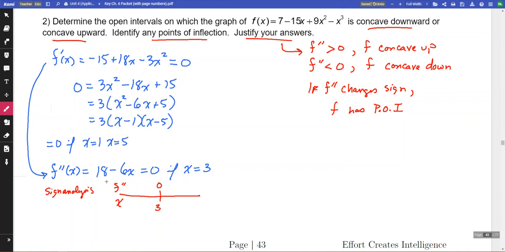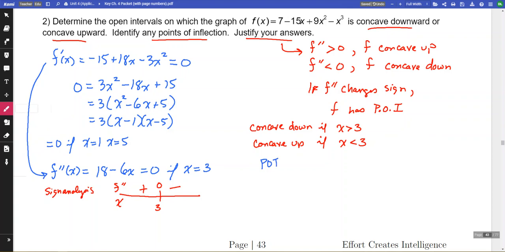If x is 2, that's 18 minus 12, so positive to the left, negative to the right. So we know that we are concave down if x is greater than 3, and we are concave up if x is less than 3. Second derivative positive, concave up. Second derivative negative, concave down. Then where is our point of inflection?